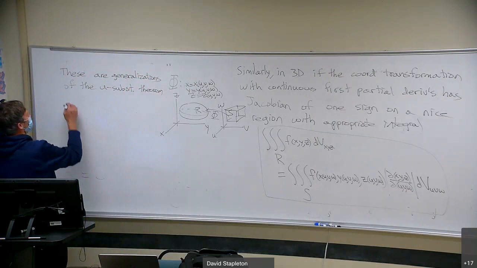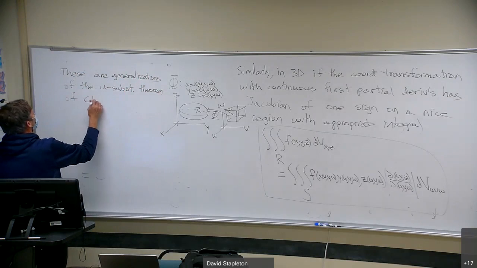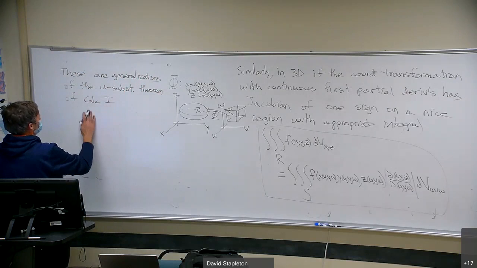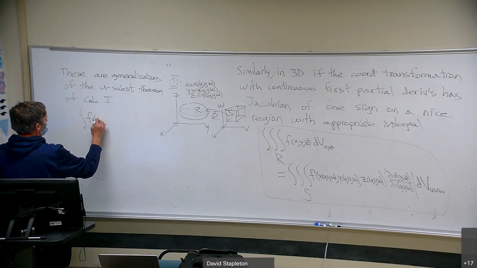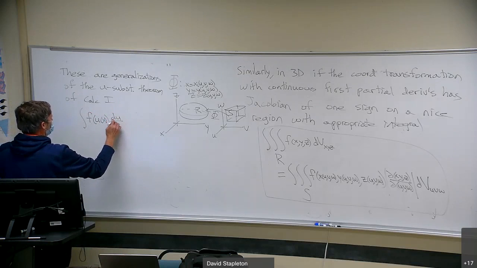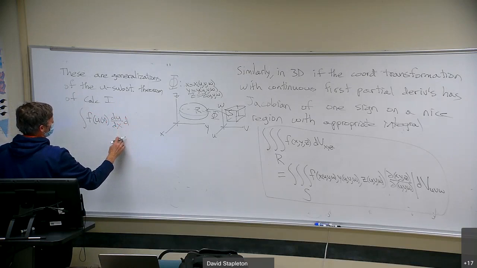In calculus 1, what you did was you said, use substitution. If I had an integral of f of u of x, du dx dx, I should write it the other way. It's usually written this way.